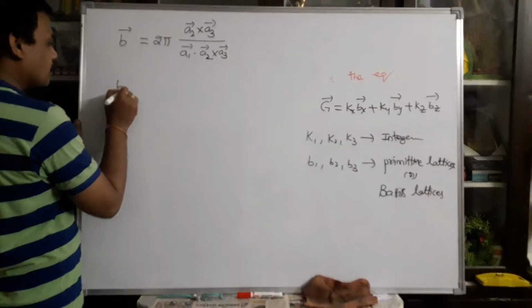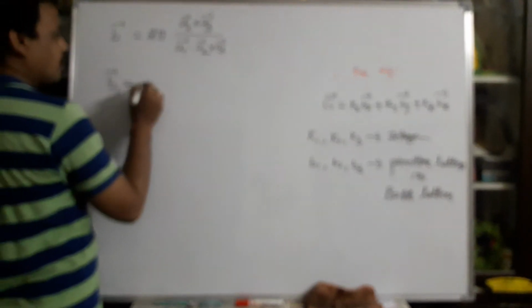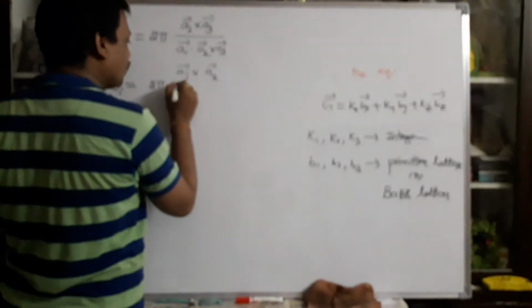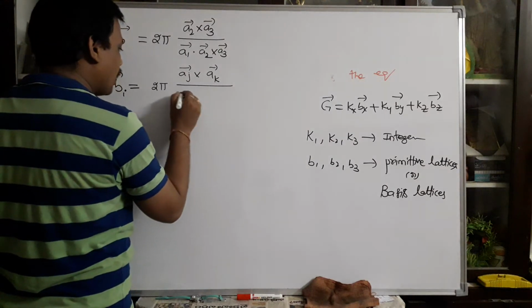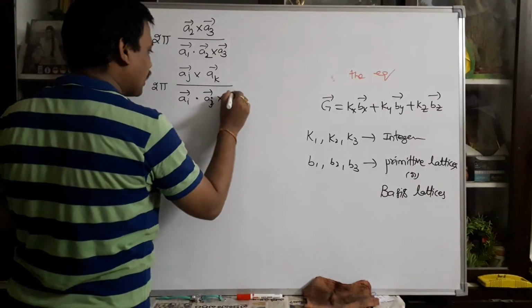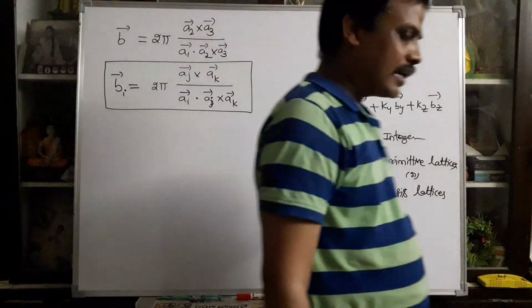In generalized way, b i bar is equal to 2 pi into aj bar cross ak bar divided by ai bar dot aj bar cross ak bar. This is the representation of primitive lattices in general way.